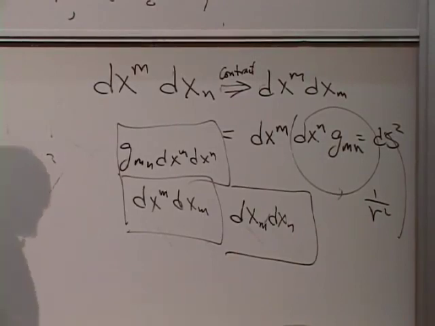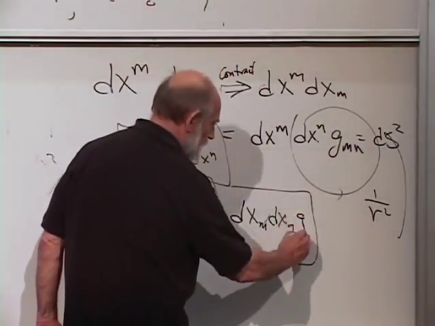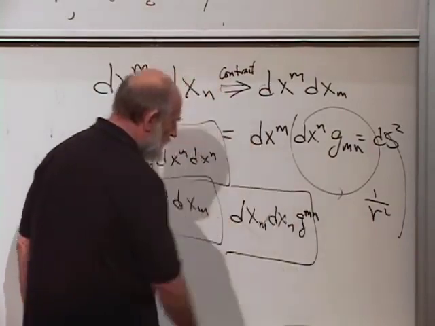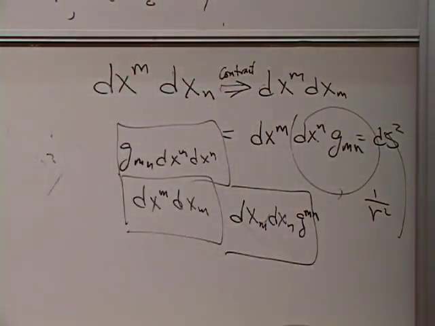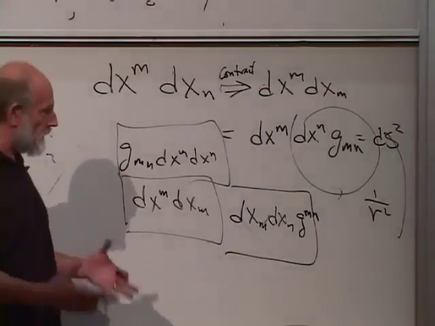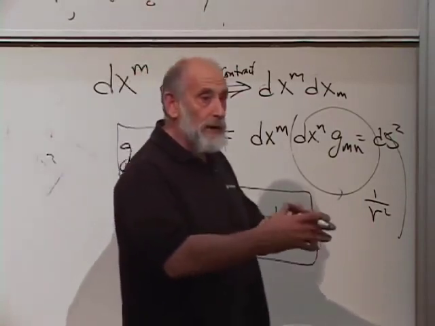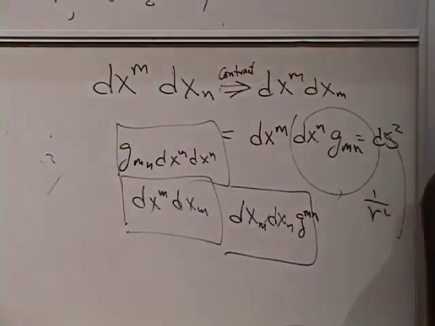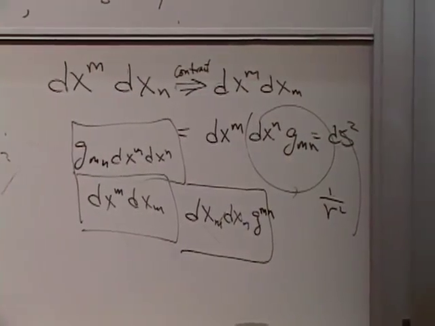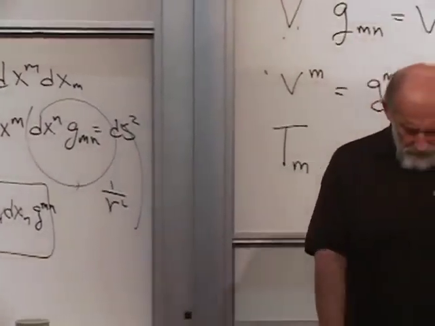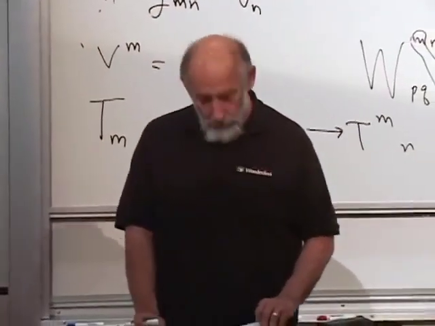G with upper indices, indeed. That's also equal to the same thing. They're all equal to each other, and they're all equal to the distance between the points, which are separated by the differential displacements dx. All right, that's the basic idea of the metric, and simple.